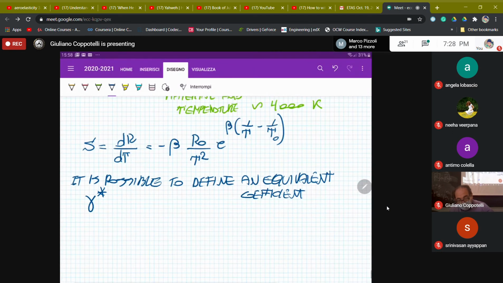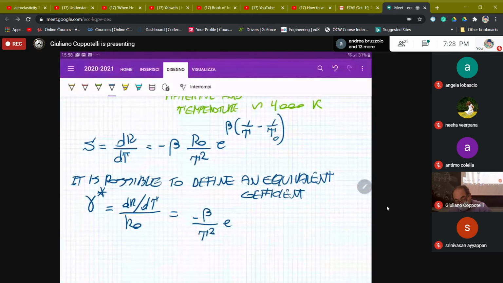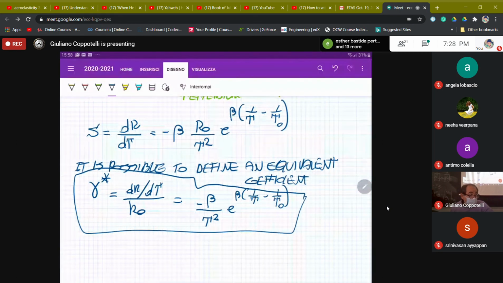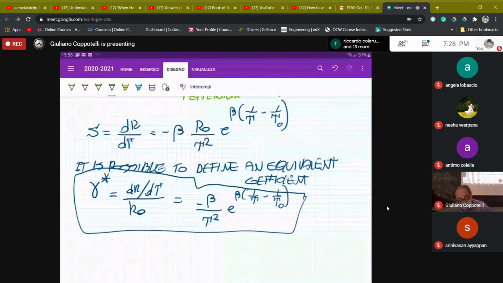Gamma star is dR/dT over R0, and that is equal to negative beta over T squared times e to beta (1/T - 1/T0). Just to have a comparison with the resistance-based thermometer, or a comparison with a linear behavior.